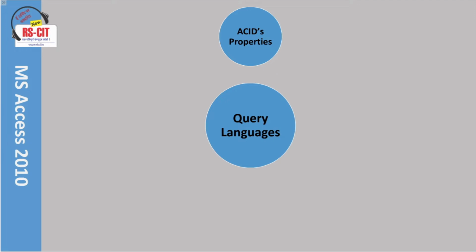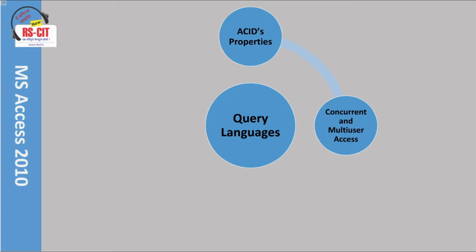ACID properties. DBMS follows the concept of atomicity, consistency, isolation, and durability. These concepts are applied on transactions, which manipulate data in a database. ACID properties help the database stay healthy in multi-transactional environments and in case of failure.